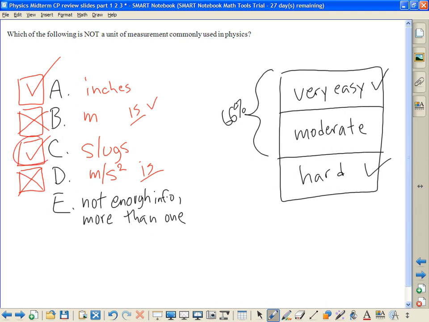So there are 2 things here that are not a unit, so the answer is more than 1 if that's what's available. Every time you make a mark on the paper, you're reducing the active cognitive load of your mind. Nothing on this test is difficult. It's not difficult to toss a tennis ball up and down, but it takes more practice to toss 3 of them up and down at once.